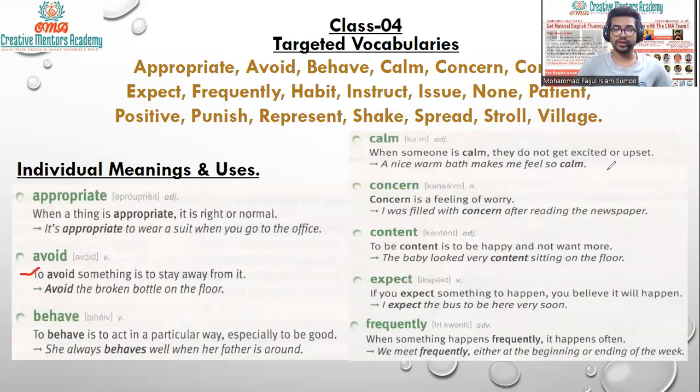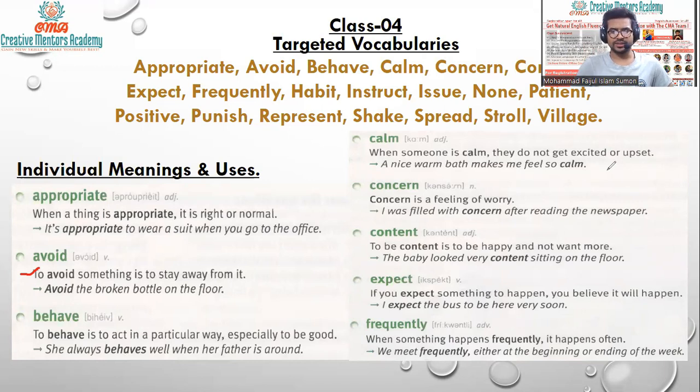I mean, while we are playing, if you just got one ball and you were happy, we can say, hey, he is so content. It's an intermediate level word, and this is not YouTube content or Facebook content or video content. This content means being happy with a small portion.